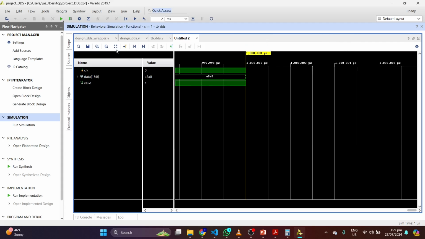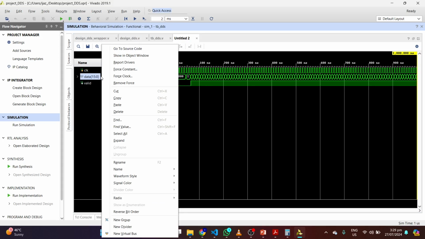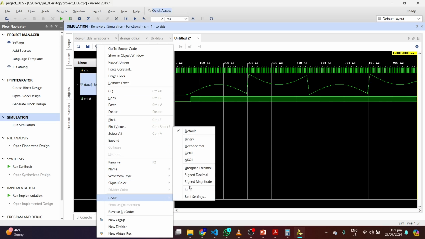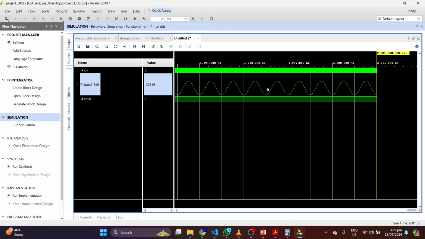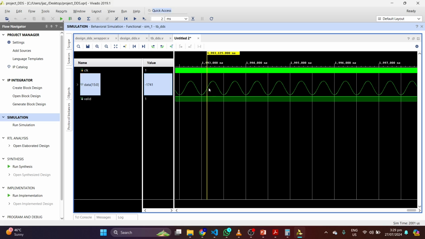You can see that it runs for some time and there is our sinusoidal signal. If I run for 2 milliseconds, this is how it generates the sinus signal. Okay.